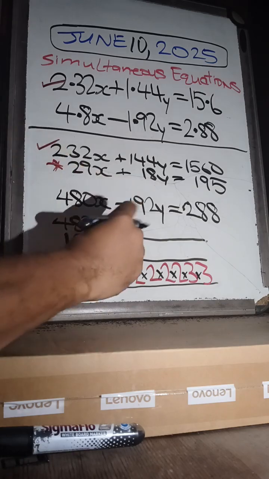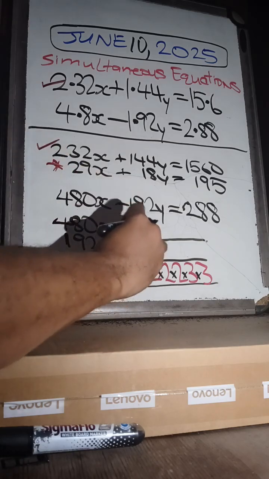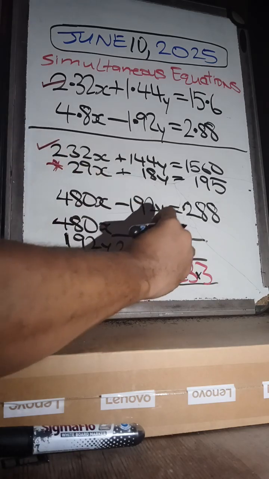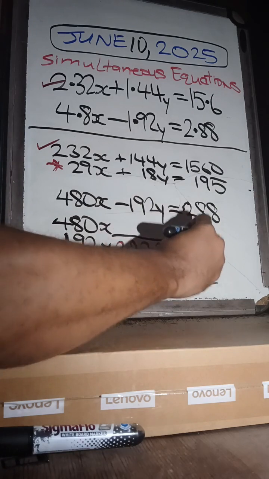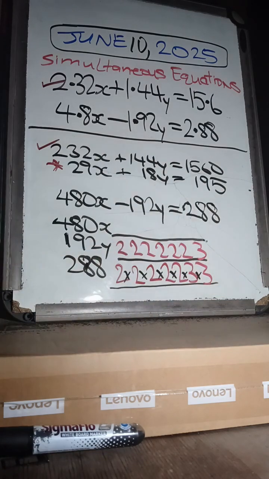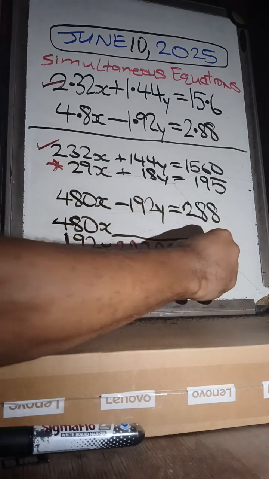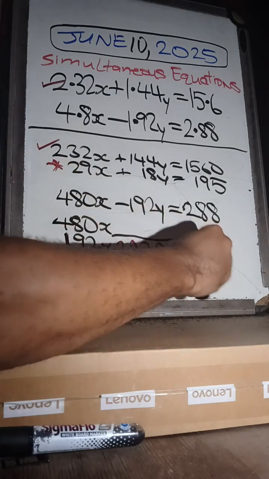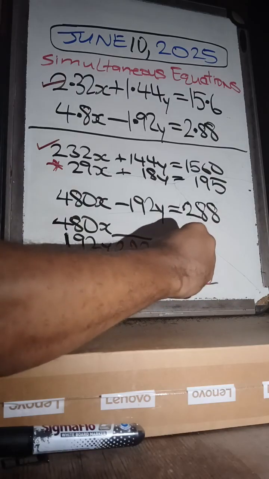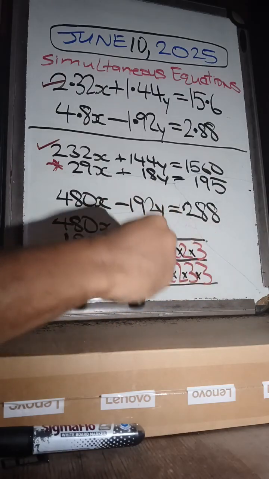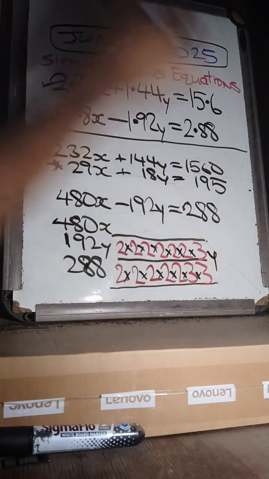So that's going to be 1, 2, 3, 4, 5, 6. Alright, we have something. Obviously I put a y beside it, just, you know.